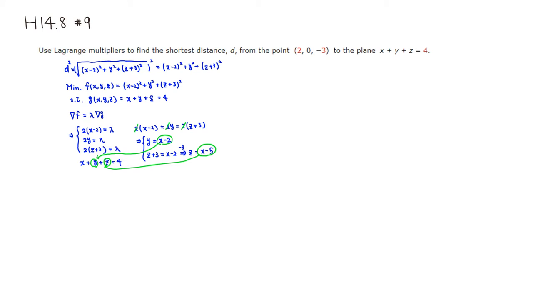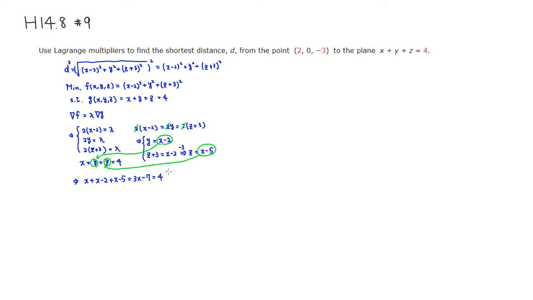So we have x plus (x minus 2) plus (x minus 5). There are 3 x's, and minus 7, is equal to 4.